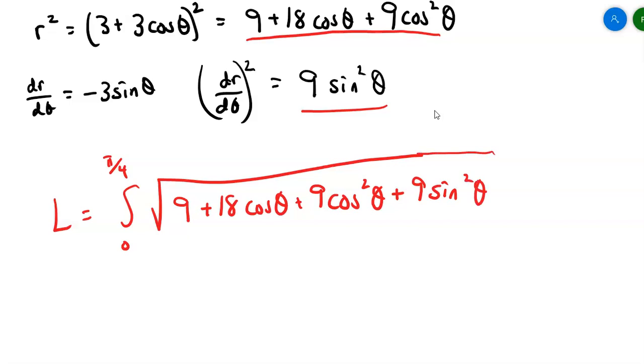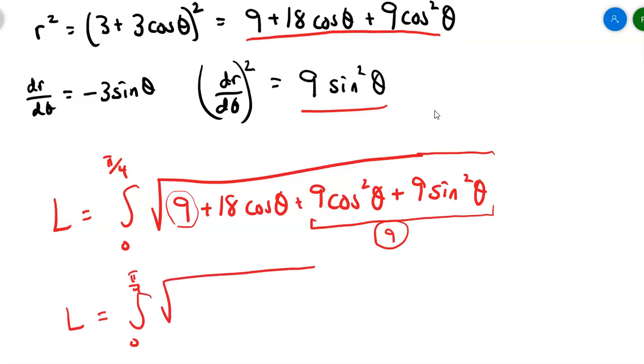All right, this looks hopeful, right? If sine squared plus cosine squared equals 1, then 9 of them should give me 9, and this 9 and that 9 combine to be 18. So the length will be the integral 0 to pi over 4 of the square root of 18 plus 18 cosine theta d theta.